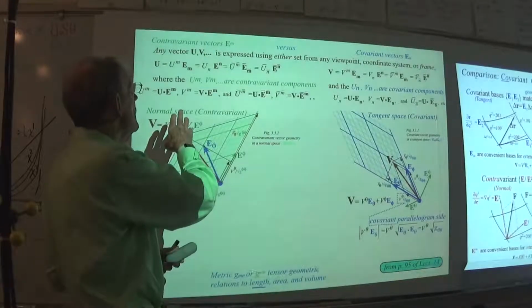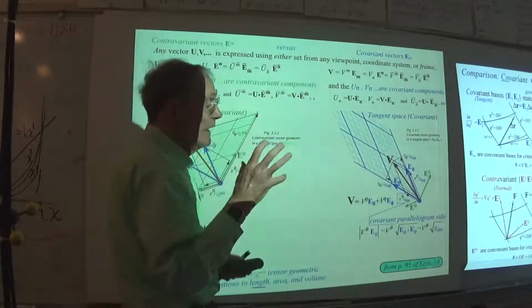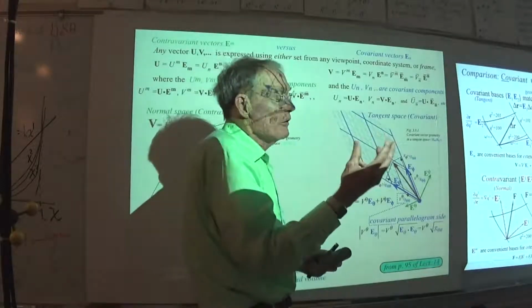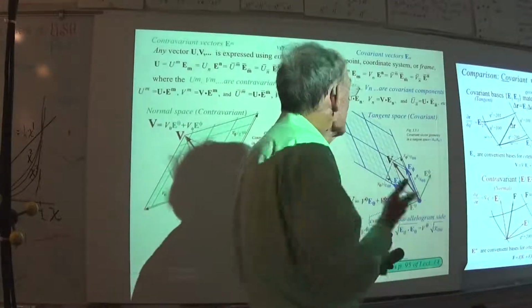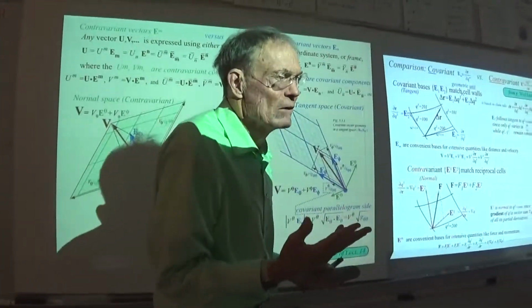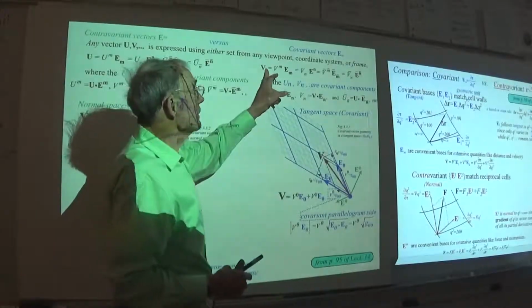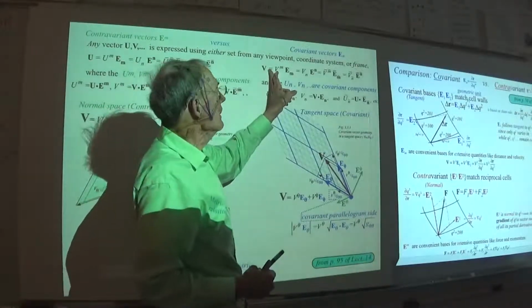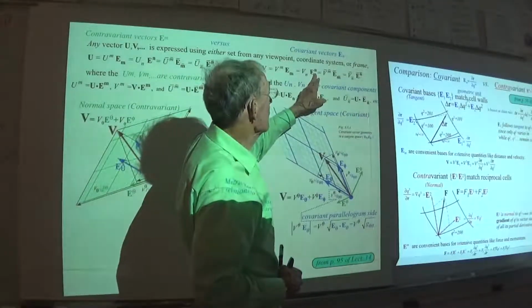So anyway, always you have a vector written with boldface as something that has to do with a physical something or other. In this case, let's suppose it was a velocity vector, okay? And the idea is that that velocity vector can be looked at either using the covariance or the contravariance. I've already made that point.